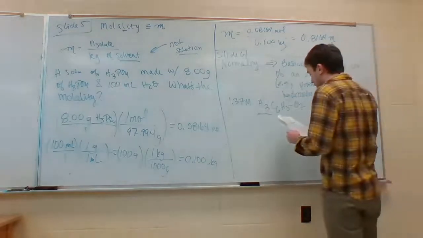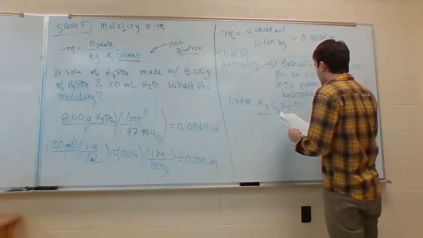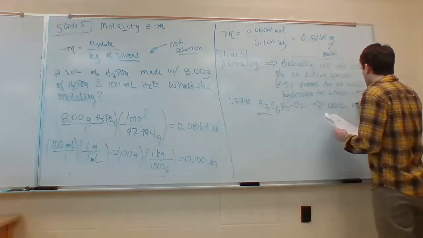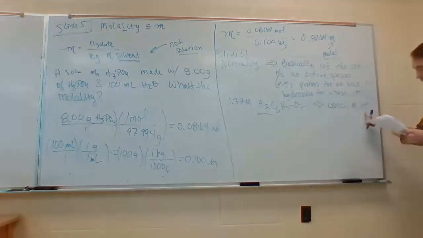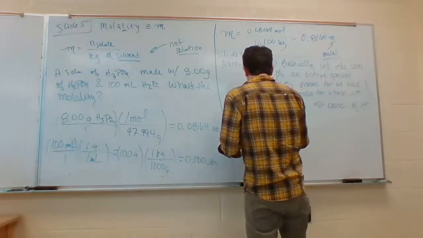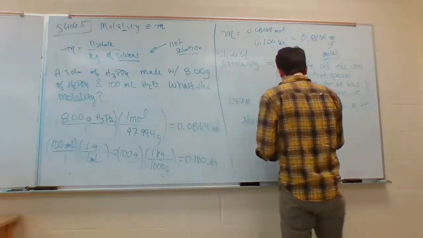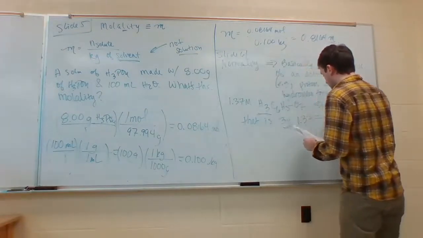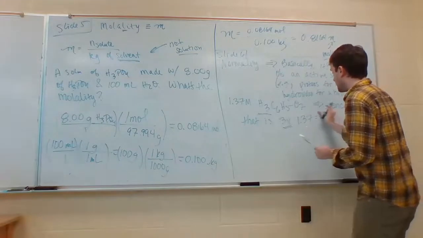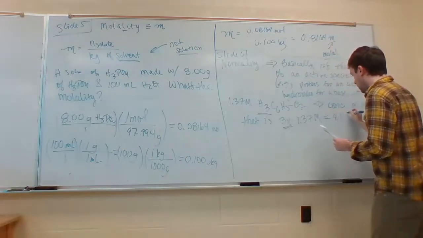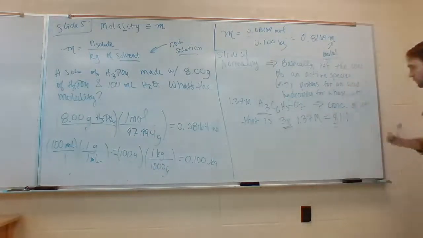Since it has 3 acidic protons, that means it's going to have a concentration of H plus that is 3 times 1.37 molar, which is equal to 4.11 normal, with a big N.